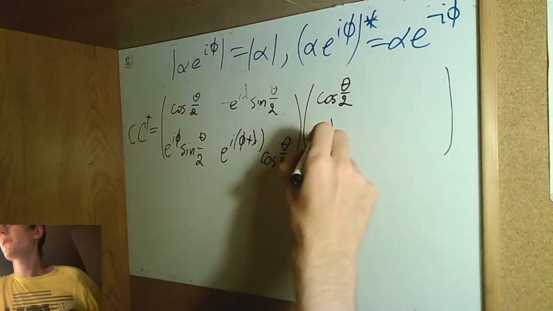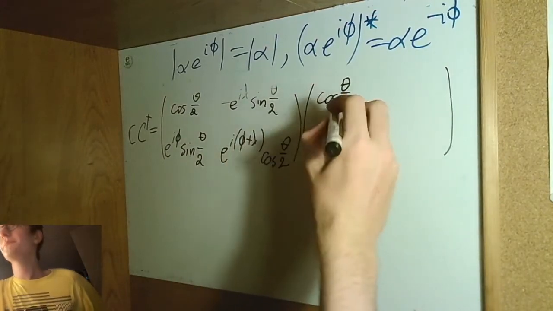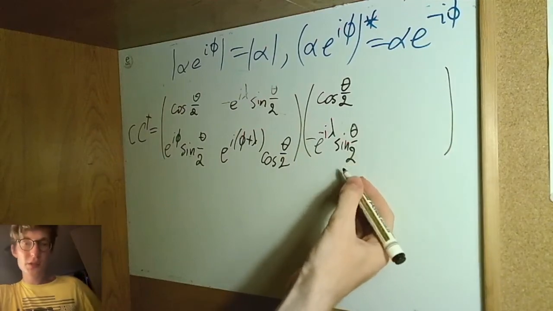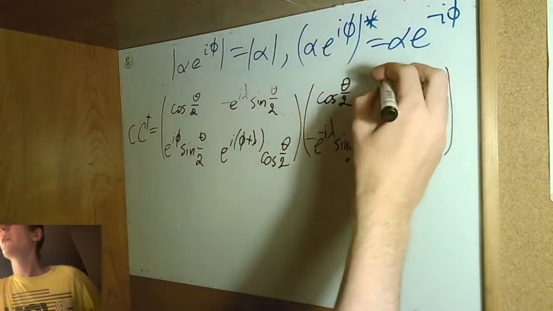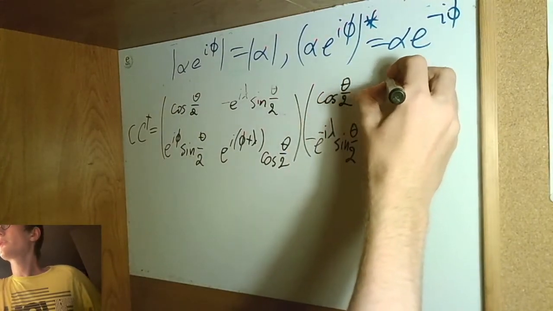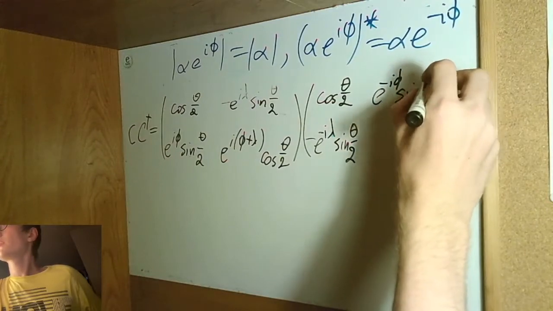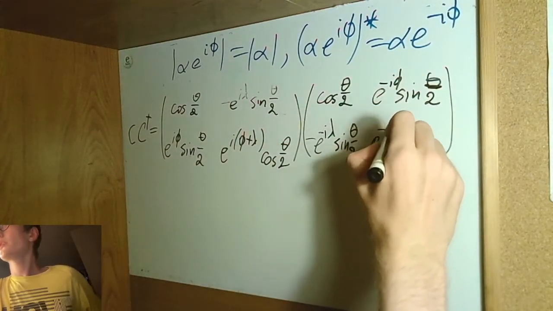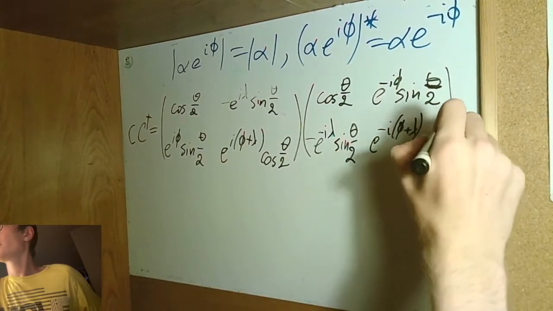And here we have this minus before i lambda, and sine remains unchanged because it's just the absolute value of this number. And here we get minus before i phi and sine theta over 2, and here e to the minus i phi plus lambda cosine of theta over 2.